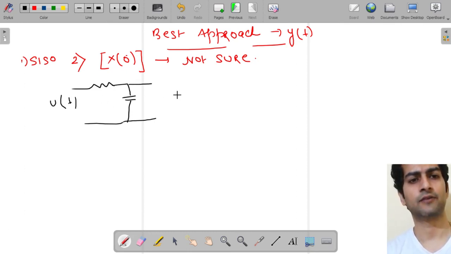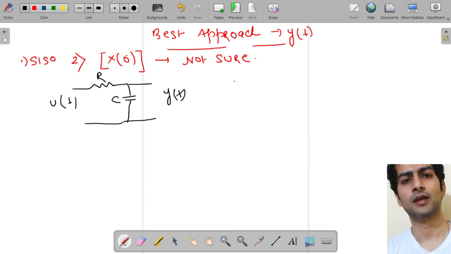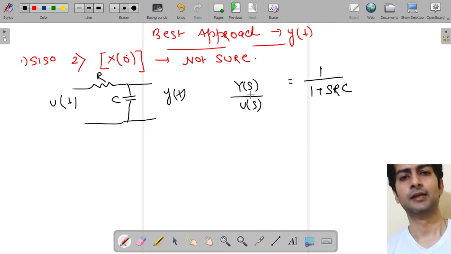Suppose here we have u of t, y of t, here we have r, here we have c. Now, if we take its transfer function, we will get 1 by 1 plus src. This transfer function I have calculated assuming initial condition 0.